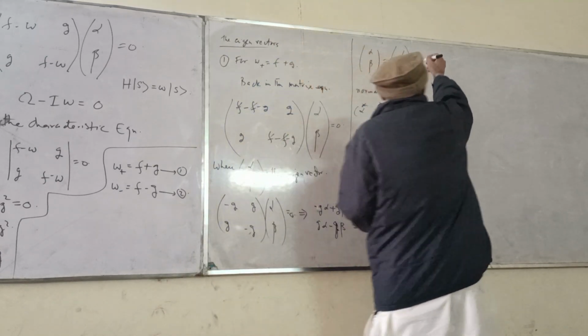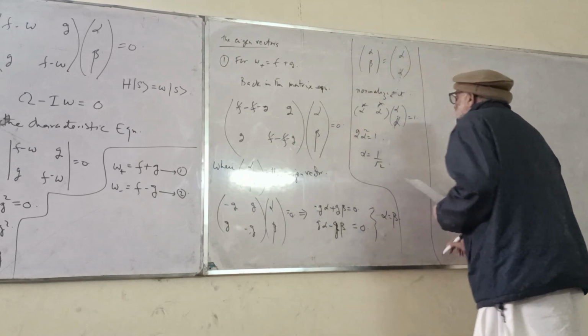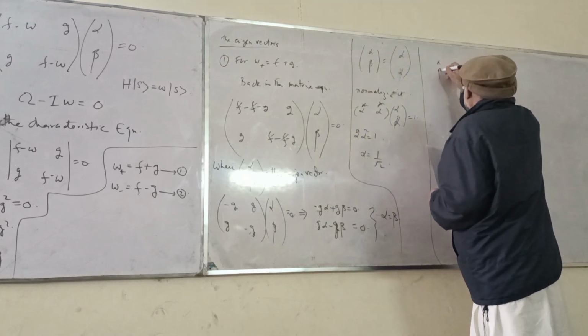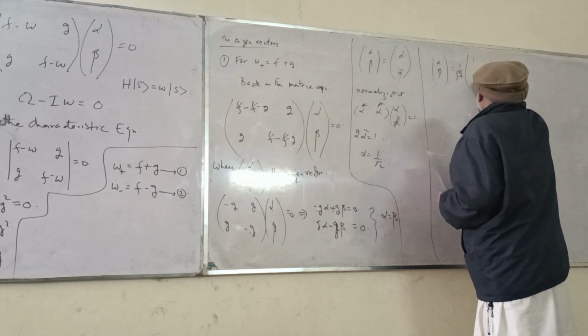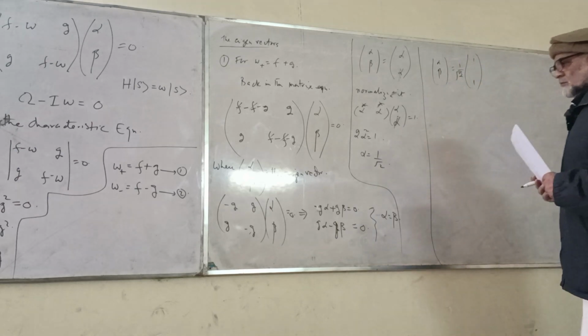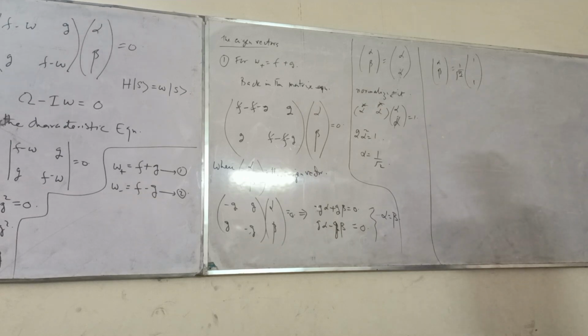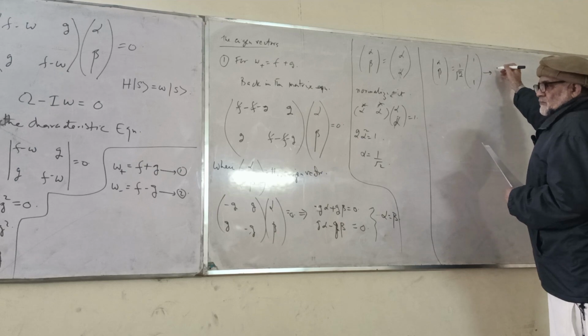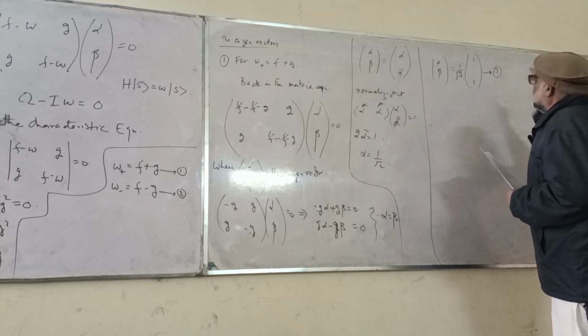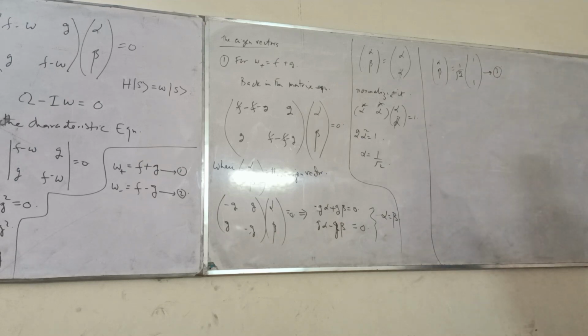So alpha beta is equal to 1 over square root 2 and 1. That is one of the eigenvectors. Clear enough? Yes.